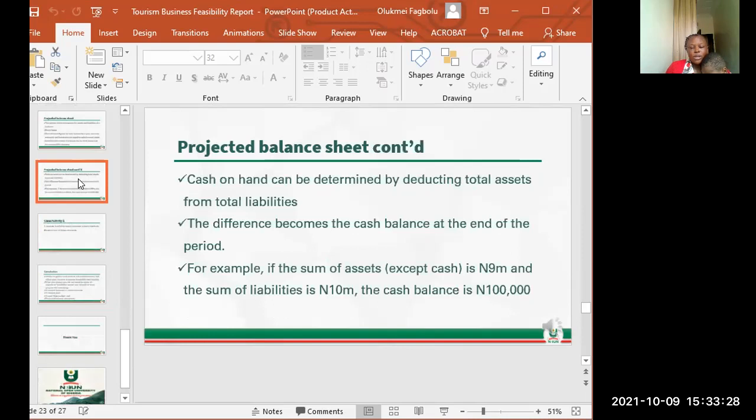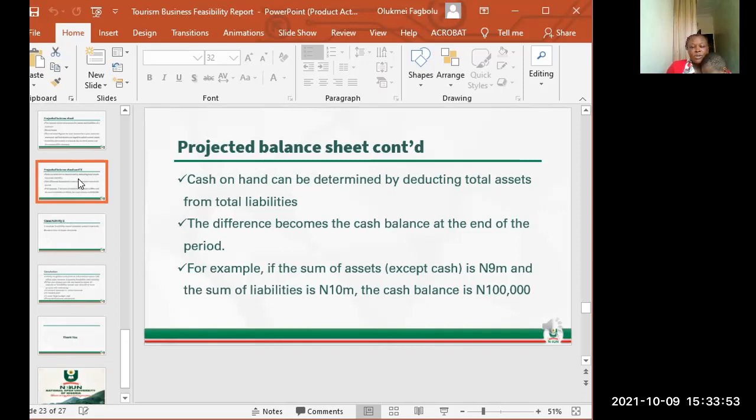Okay, still under the balance sheet, we will have our cash on hand, cash at bank, inventory, maybe work in progress, all those things that are cash that we can calculate. They are called what? At the end of the day, they are under current what?